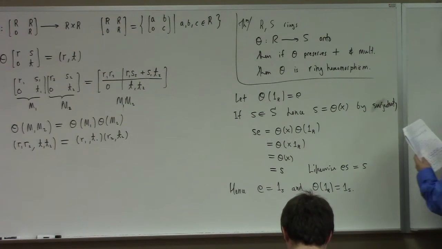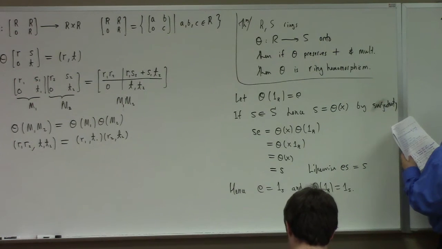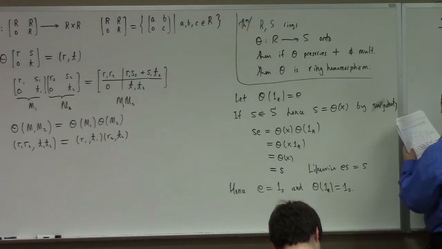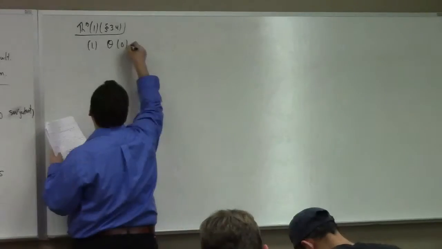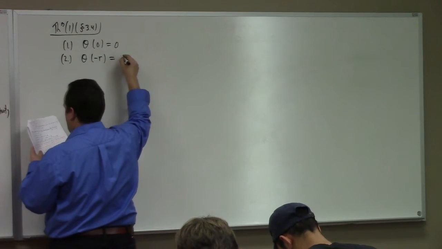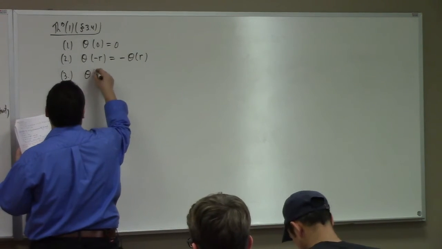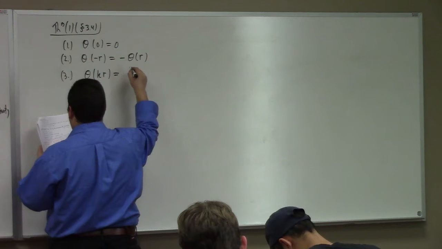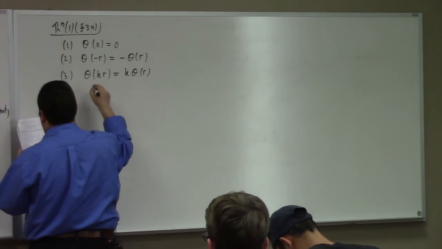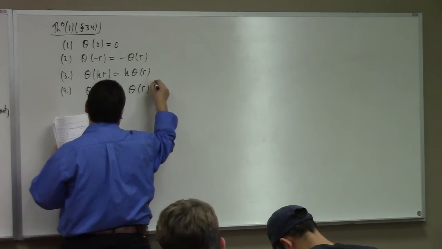So theorem 1 of, again, section 3.4. 1, theta of 0 equals 0. 2, theta of minus r is equal to minus theta of r. 3, theta of kr is equal to k theta of r. 4, theta of r to the power n is equal to theta of r to the power n.